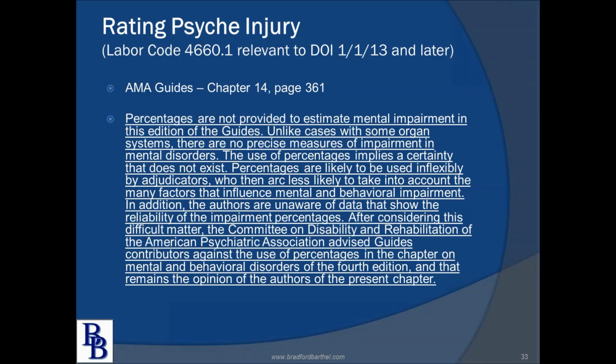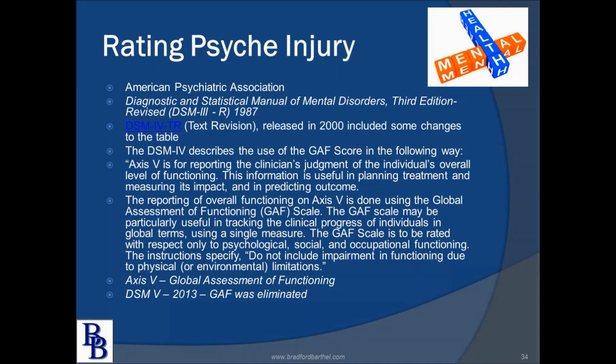Percentages are not provided to estimate mental impairment in this edition of the guides because there's no precise measures of impairment in mental disorders. So the AMA guide says, here's how you evaluate it, but we're not going to give WPI. We can't do it. So we need to do something in California because we do rate psychiatric injuries.